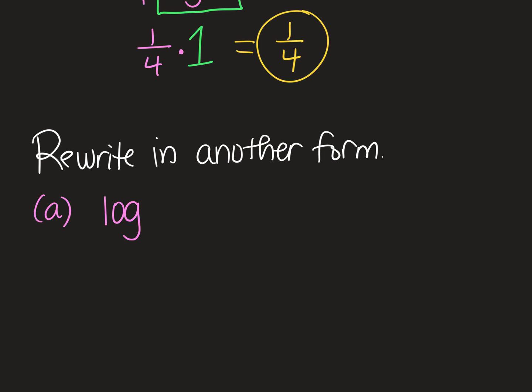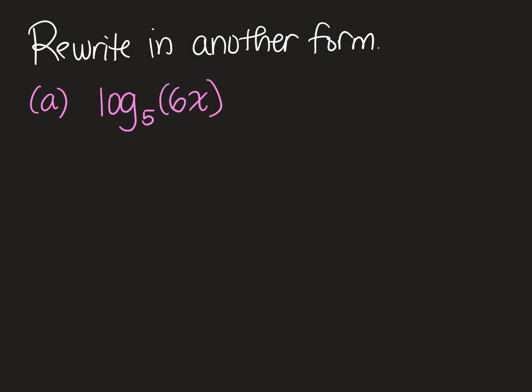Log base 5 of 6x. Now I want to stop and consider what's happening in that logarithm, right? Because we got to be able to use one of our properties. This is saying 6 times x. We don't write the multiplication symbol in between. It's understood that when we have two things right next to each other like that, there's a multiplication symbol.